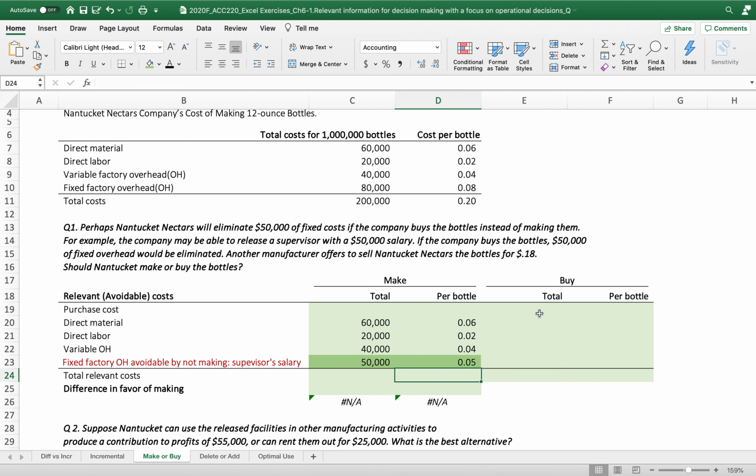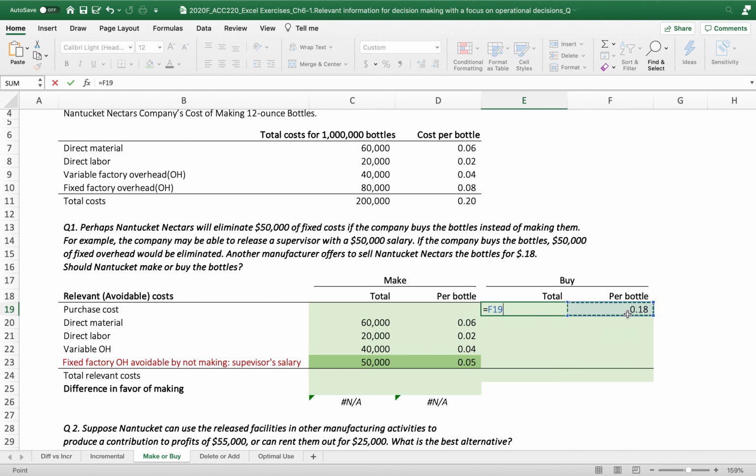Okay. Then next, buy case in total and per bottle. Now in per bottle, how much is that? We have 18 cents. So 0.18 dollars per bottle for the outsourcing, and then total we can calculate just 1,000,000 bottles. So the total amount is $180,000, the purchased cost.